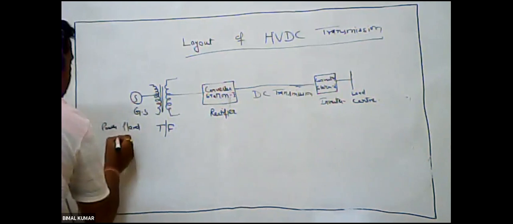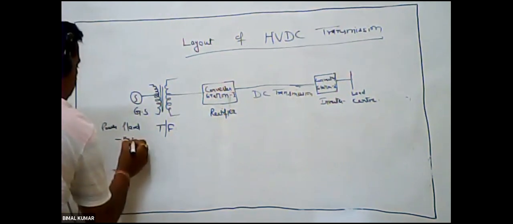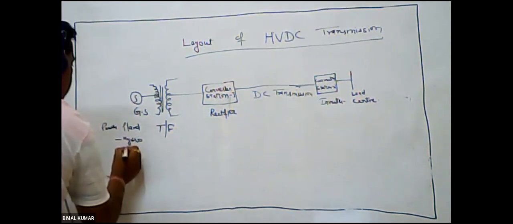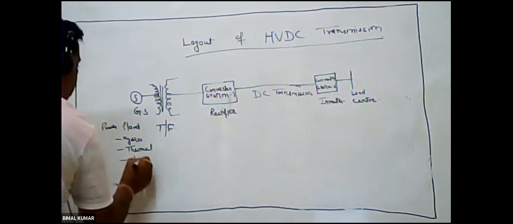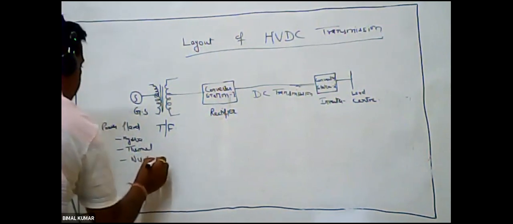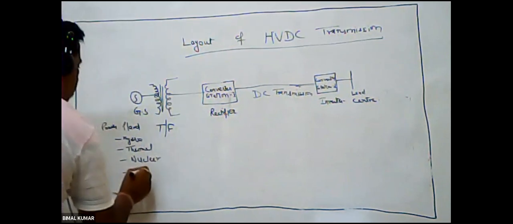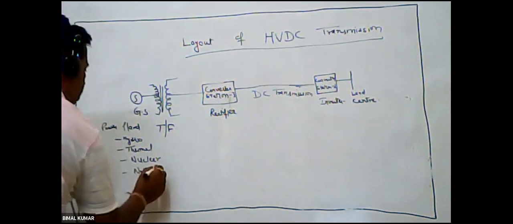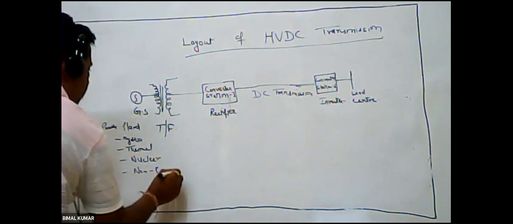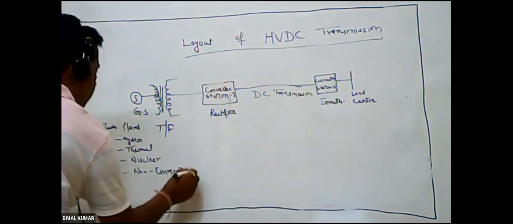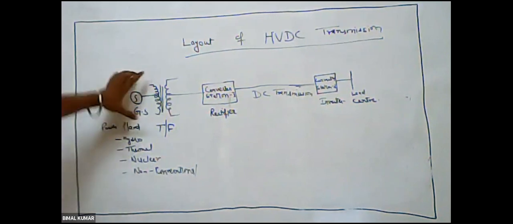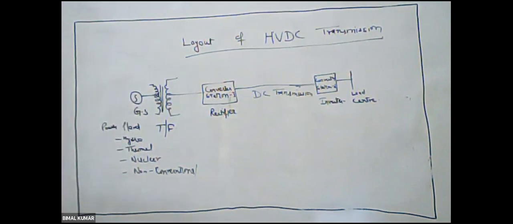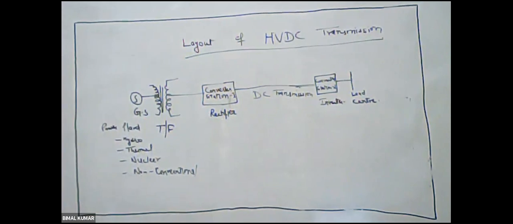This plant may be hydro, thermal, nuclear, or any non-conventional type plant. Right. So this is the generating station where electricity will be generated.